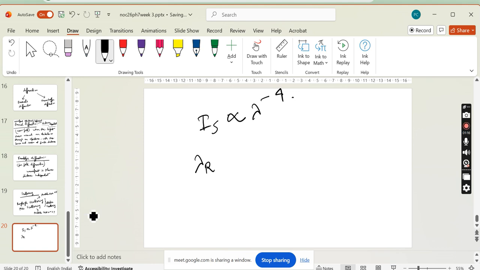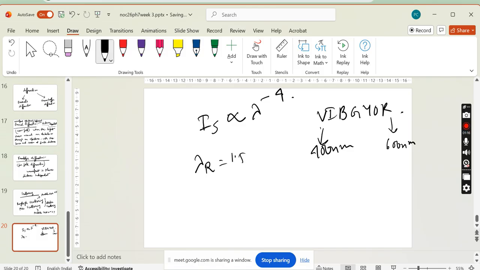Of the 7 colors of white light, violet has the shortest lambda, 400 nanometer. Red is 600 nanometer. So lambda r is 1.5 times lambda v. So intensity varies as 1 over lambda to the power 4.